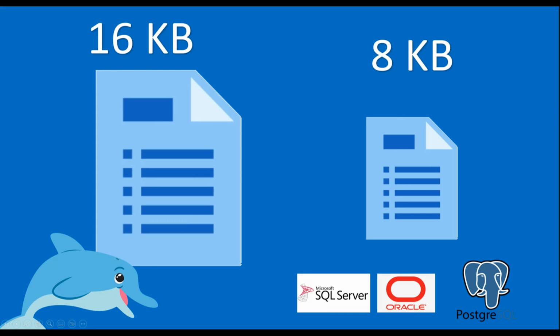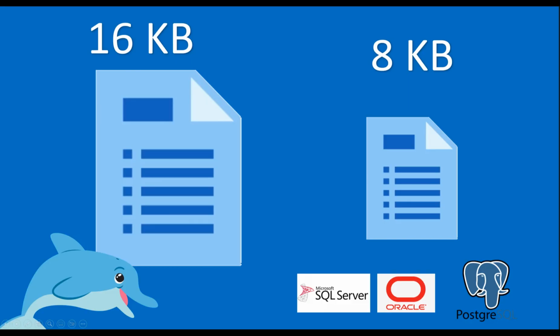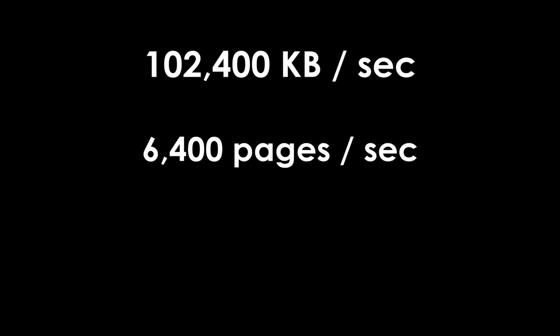Assuming a 16 kilobyte page size, like with MySQL and MariaDB, suppose your database needed to read 102,400 kilobytes of data every second. To achieve this level of performance, your database would have to be able to read 6,400 16 kilobyte pages every second.